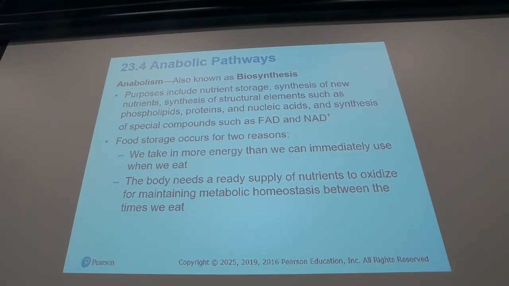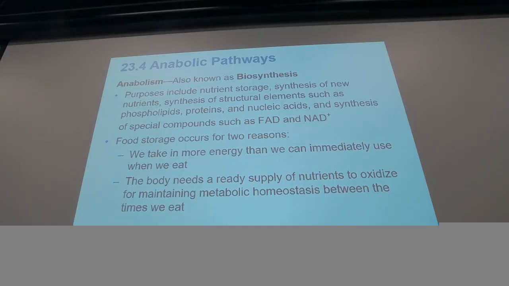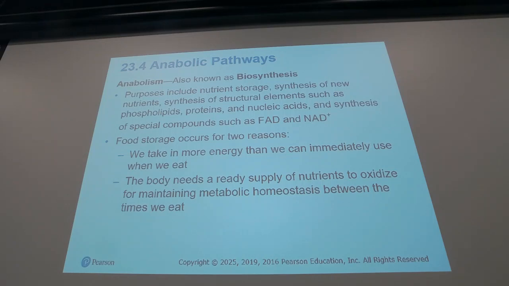So the four macromolecules that we have in our body will be nucleic acids, proteins, carbohydrates, and lipids. And they have structural functions in our cells, but also they have physiological function. And the process of then making these molecules is called biosynthesis or anabolism.